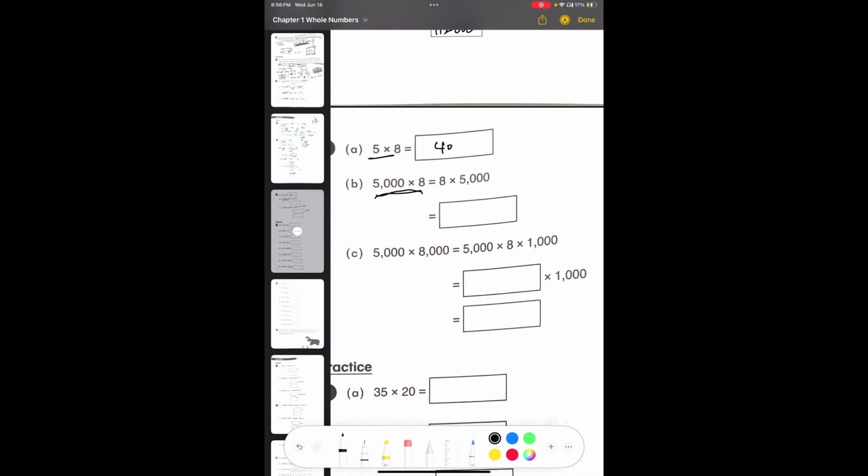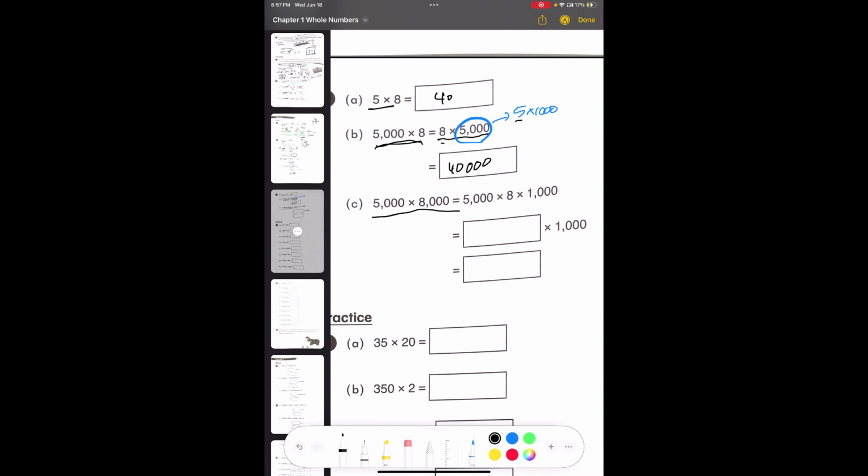So 5,000 times 8 is the same thing as 8 times 5,000. Right, so what we're going to do is exactly what we did earlier. We're going to take 5,000 and break that up into 5 times 1,000. So our answer is just 40, because 8 times 5, and add 3 zeros.